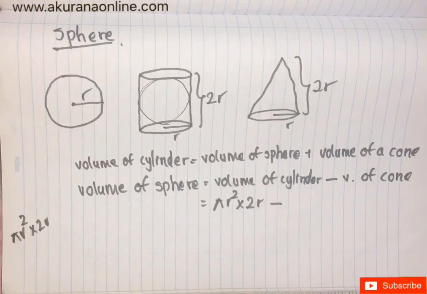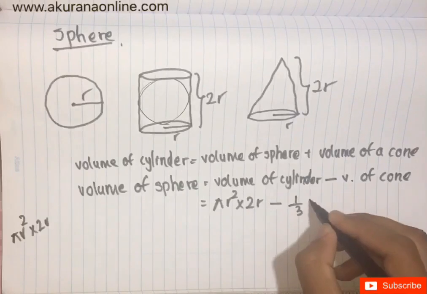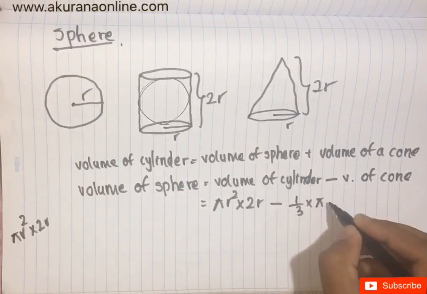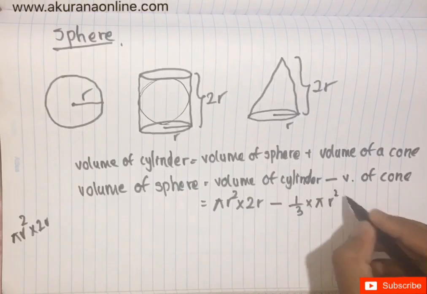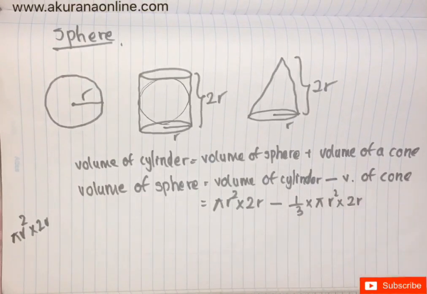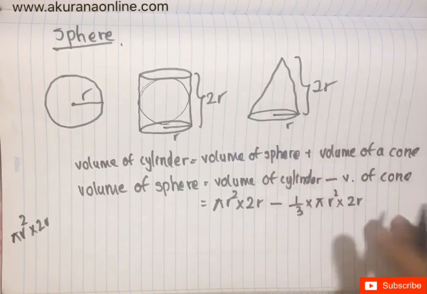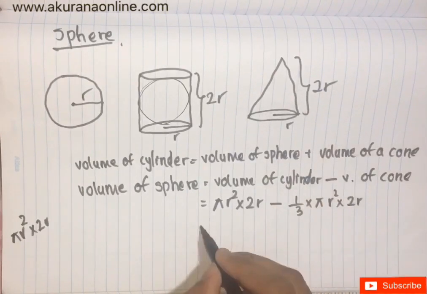Now the volume of the cone, you know the equation. You have 1 over 3 pi r squared h, right? So pi, r squared, and h is equal to 2r. Don't forget to write it. The height here is equal to 2r. Therefore let us solve this.